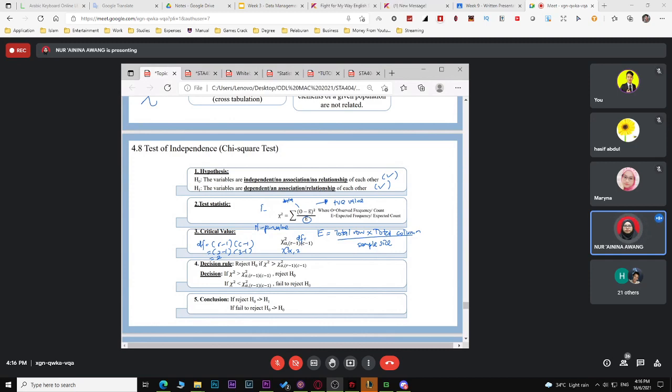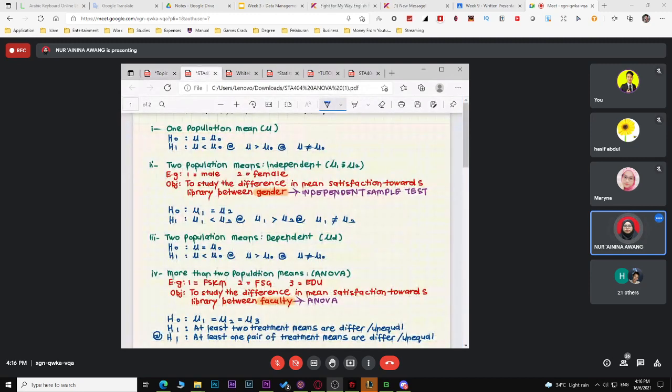So before we look at the example, we will look back at the whole of topic 4. For example, we have one population mean. The question for one population mean will ask to test at 5% significant level, for example, if the mean of satisfaction is more than 5.0.